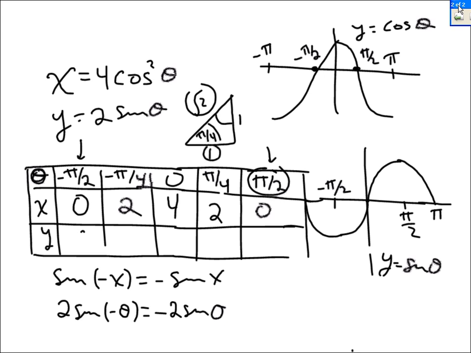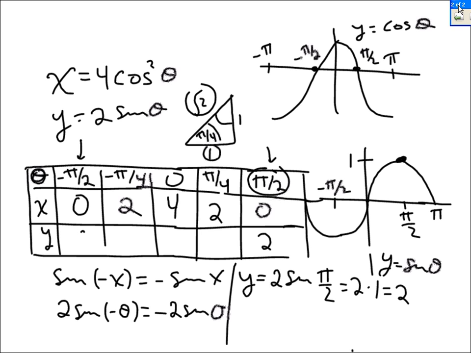So let us find out y equals 2 times the sine of pi over 2. The sine of pi over 2 is 1. So you have 2 times 1, or 2. So at pi over 2 we get 2, and at negative pi over 2 we're going to get negative 2.